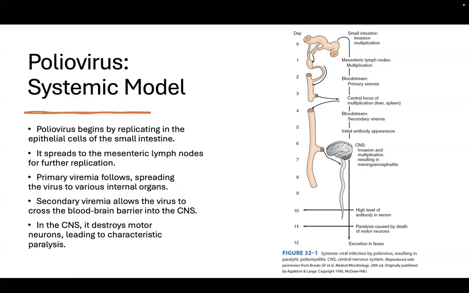And this is where it can be extremely dangerous, because once it starts to destroy the neurons, specifically your motor neurons, you have paralysis. And polioviruses, as we all know, can really kill us through paralysis, to the point that our own lungs stop working. So poliovirus is an example of a systemic infection.